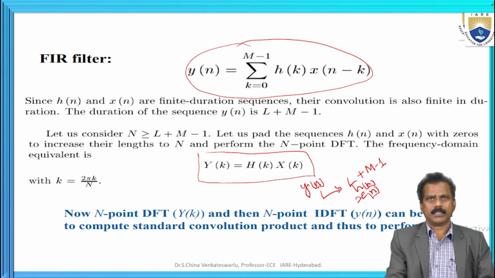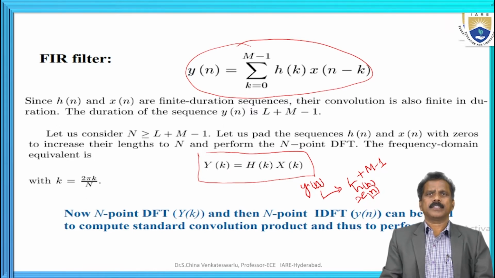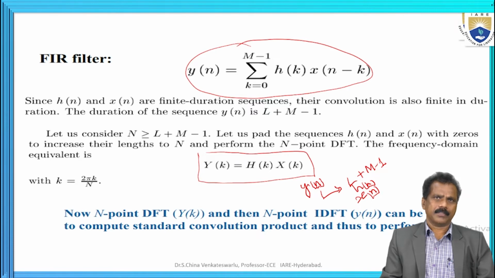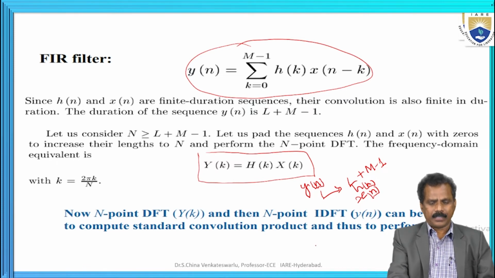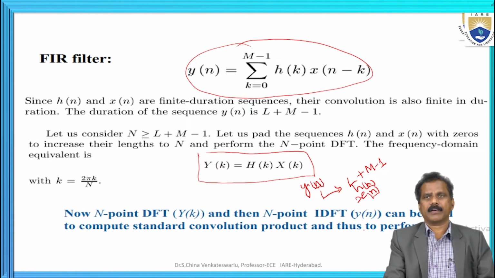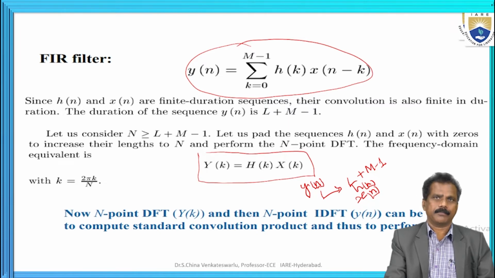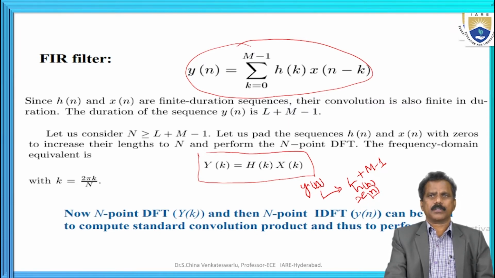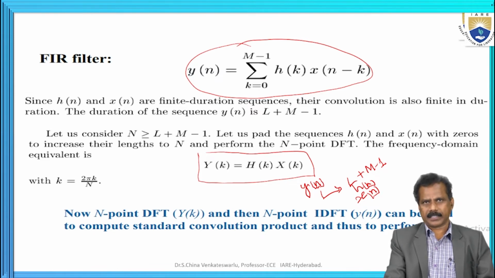By using this analysis of the filter with y of n and Y of k, after applying the frequency domain, for finite duration sequences x of n and h of n, you note that the N-point DFT Y of k and then the N-point IDFT y of n can be used to compute the standard convolution product, y of n equal to the summation k equal to 0 to M minus 1 h of k into x of n minus k.